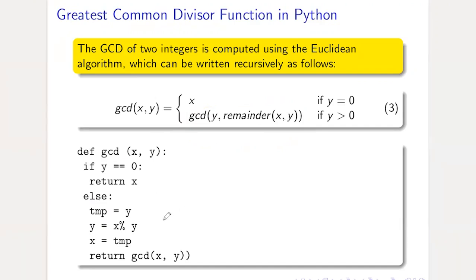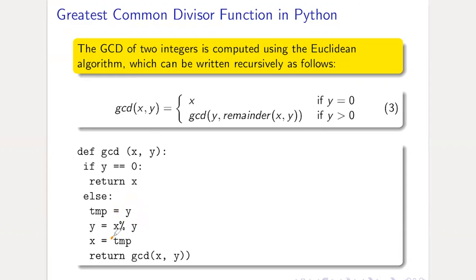So normal division is that symbol, and we have the percentage symbol for the modulo division, where we will get the remainder after dividing by y.